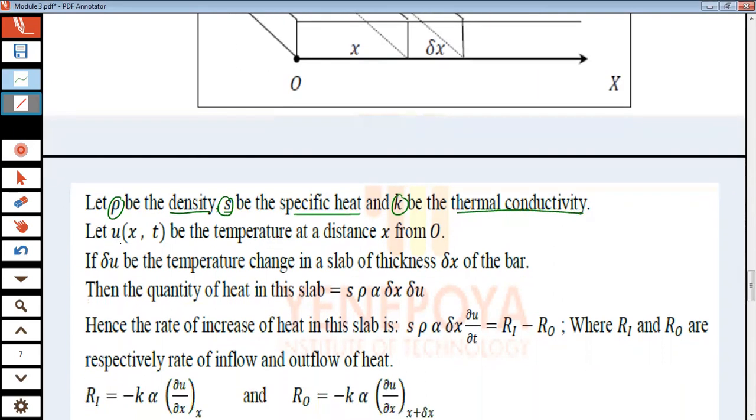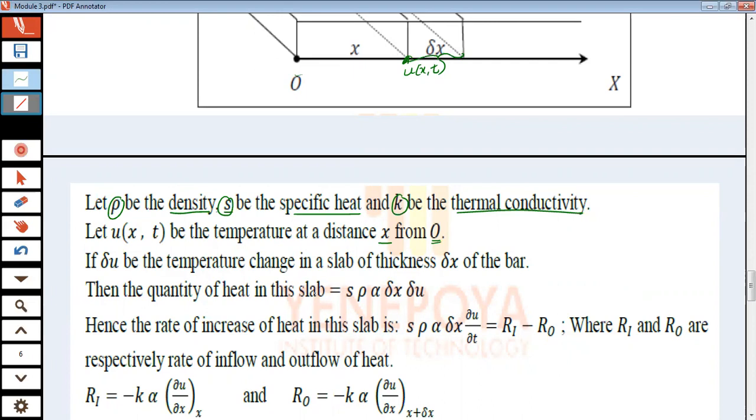Next, let u(x, t) be the temperature at a distance x from the origin O, and delta u be the change in temperature of this slab of thickness delta x.